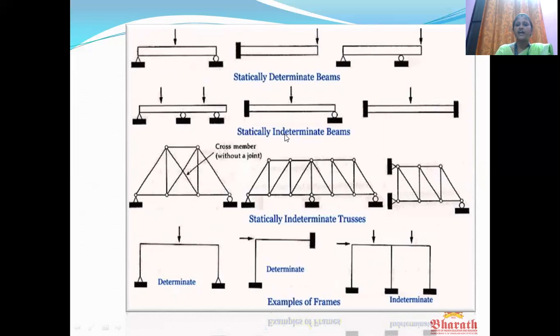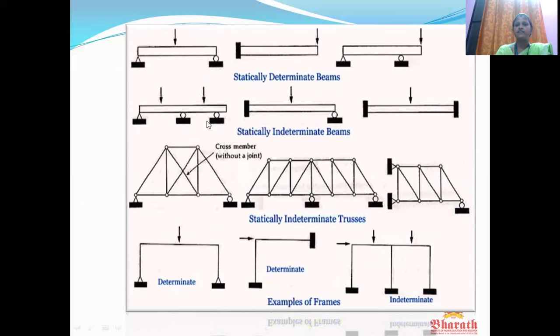Whereas, coming to statically indeterminate beams or structures, see the second row. In the first diagram of this second row, look at this beam. One end is pinned, whereas the other two supports are rollers. For the pinned support, the number of reactions is 2, and for each roller, the number of reactions is 1.